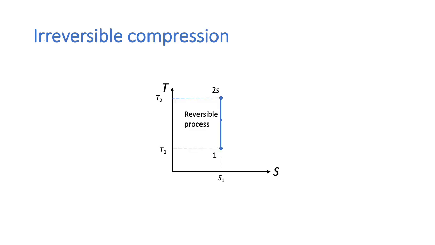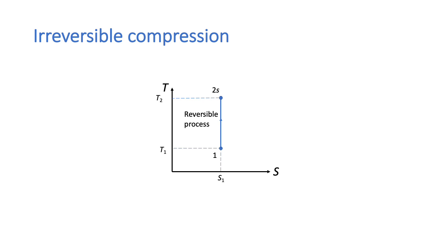A reversible process then looks like this on a TS diagram. So it's going from state 1, where the temperature is T1, and it goes to state 2S, and we add an S to remind ourselves that this is a reversible process. At that final state, the temperature is T2.